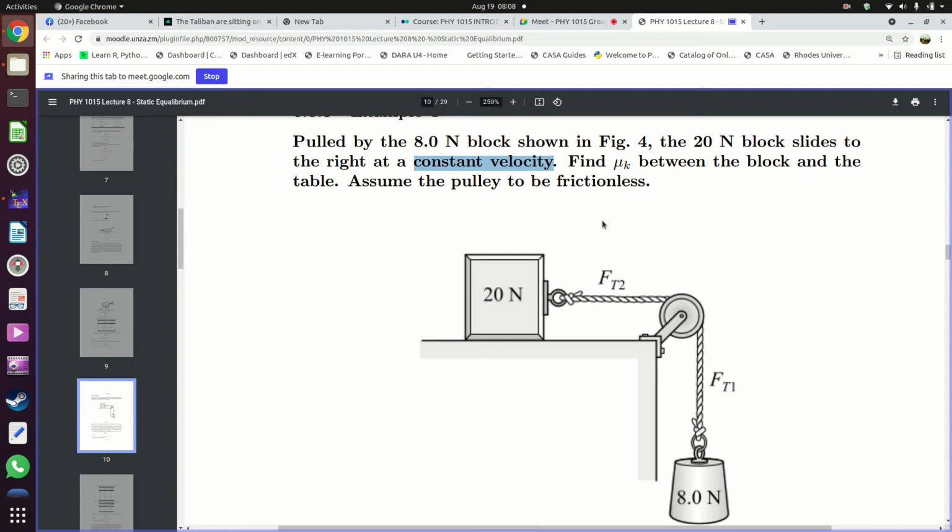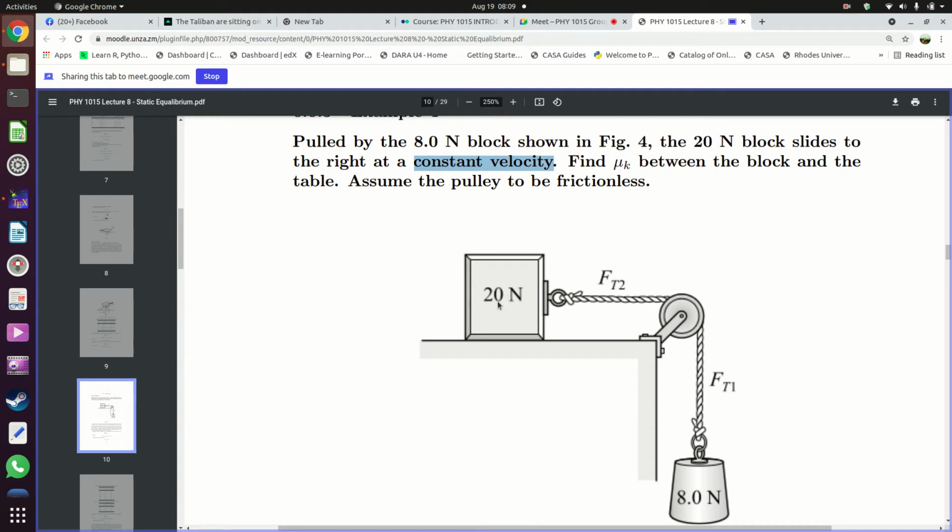So the first thing we have to do is identify what kind of forces are acting on these particular objects. As you can see from this figure, this object is 20 newtons. This 20 newtons is the weight of this object.